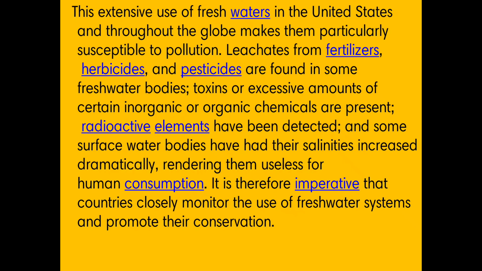Radioactive elements have been detected, and some surface water bodies have had their salinities increased dramatically, rendering them useless for human consumption. It is therefore imperative that countries closely monitor the use of freshwater systems and promote their conservation.